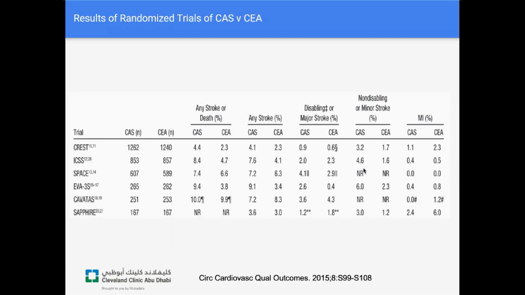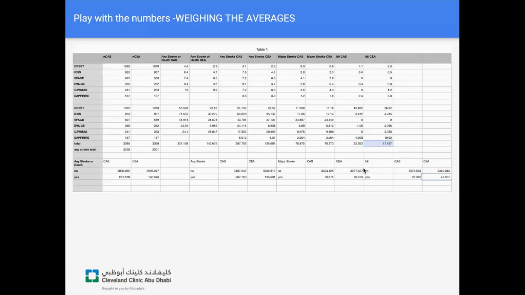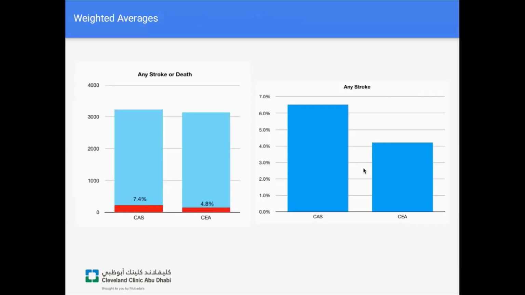This is a laundry list of these trials that were published in the aughts, in the 2000s, and I took the liberty of doing a little spreadsheet to show what happens. For any stroke or death, there tends to be higher rates in the angioplasty and stenting group compared to the endarterectomy.